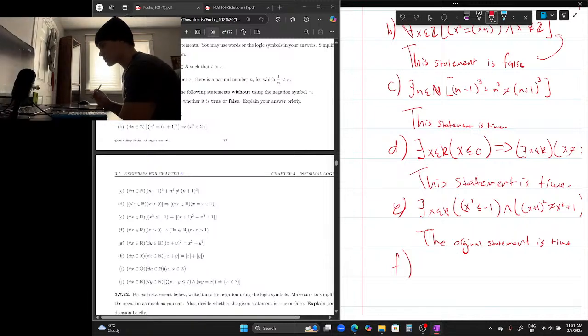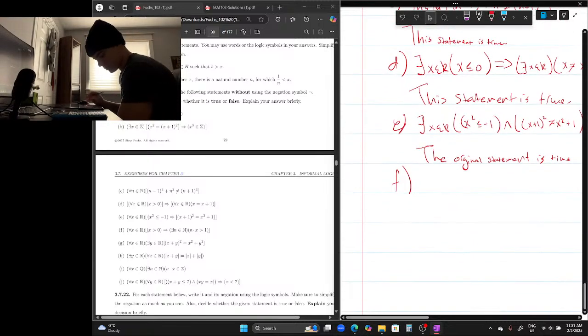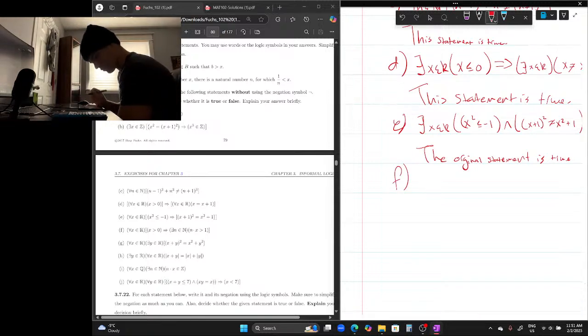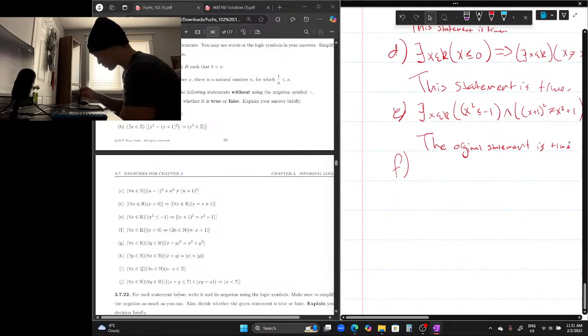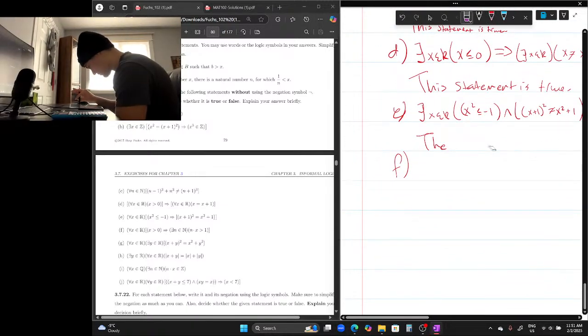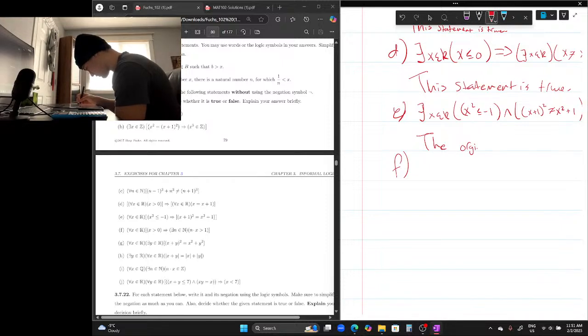It's false for all numbers, yeah, I guess. Oh, what am I saying? Even if it's true for 0. I'm so stupid. 0 is greater than -1. My bad. Yeah, the original statement is true vacuously.